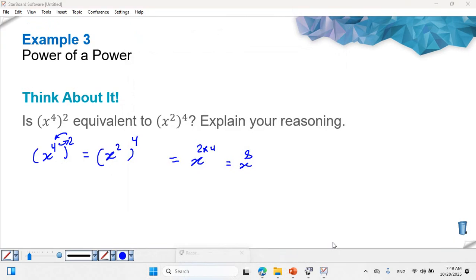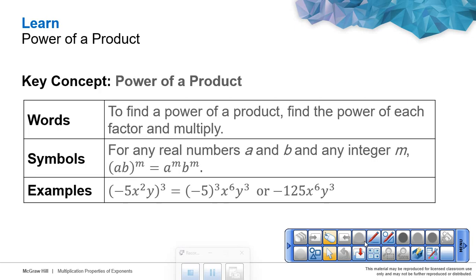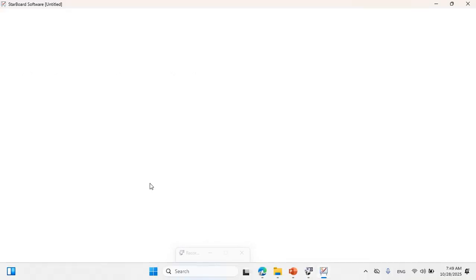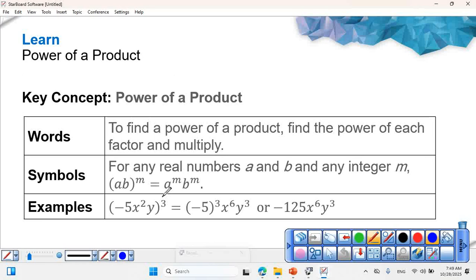Yes, we can distribute the power to each component inside the product, for this and this and this term. As you see, negative 5 to the power 3, x to the power 6, because 3 times 2 equals 6, and also y to the power 3. The last answer is negative 125 x to the power 6, y to the power 3.